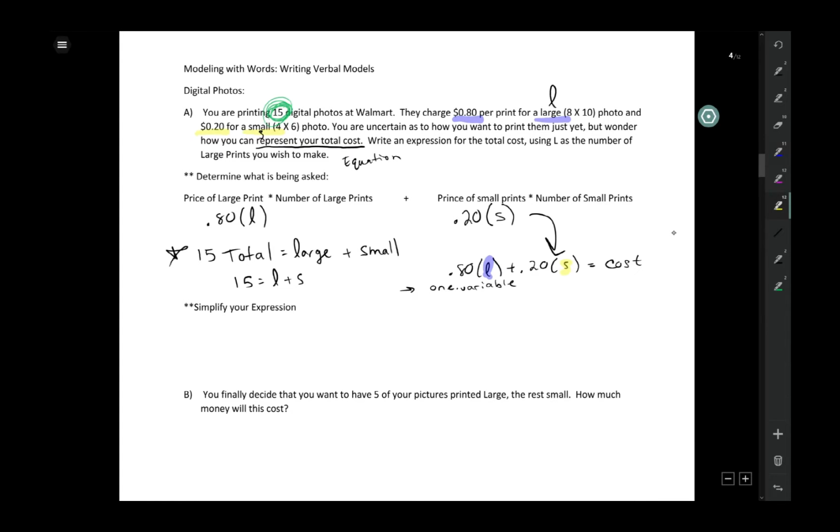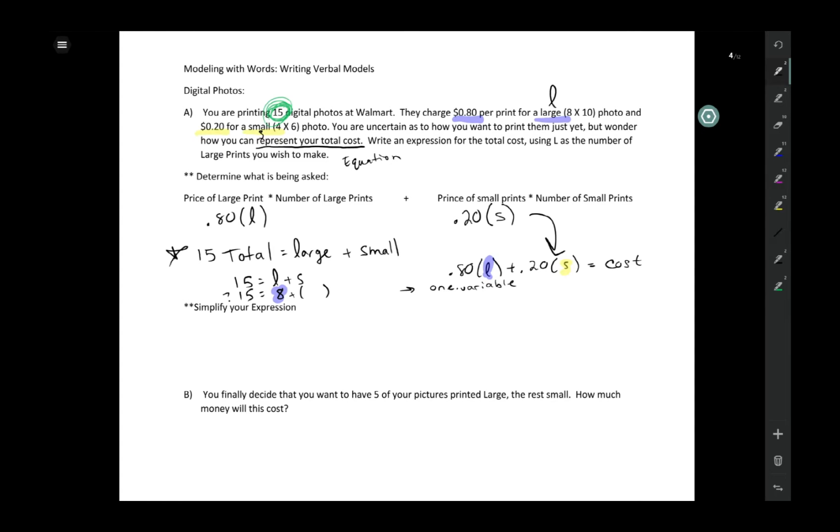Well, let's think here. You're at Walmart. You have 15 pictures. Say we print 8 large pictures, how many small pictures must you then print? Well, if I print 8 large ones, I have 15.